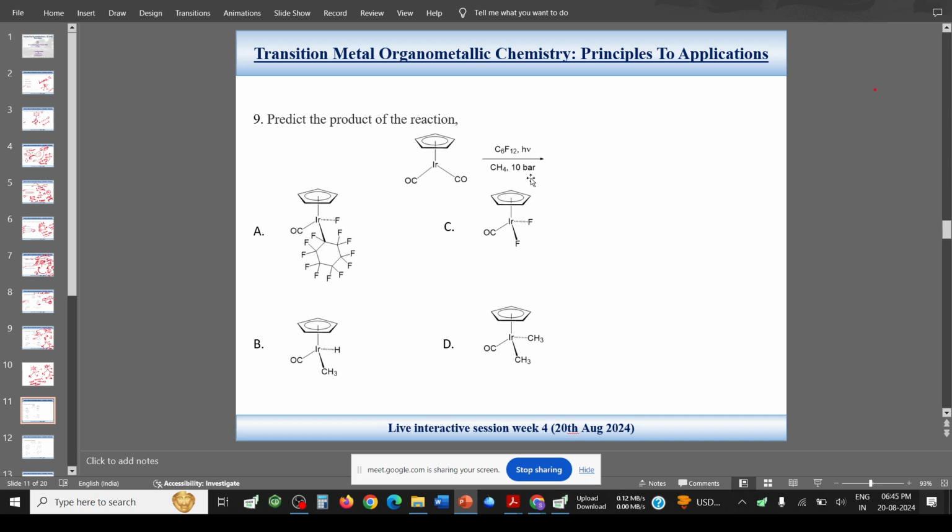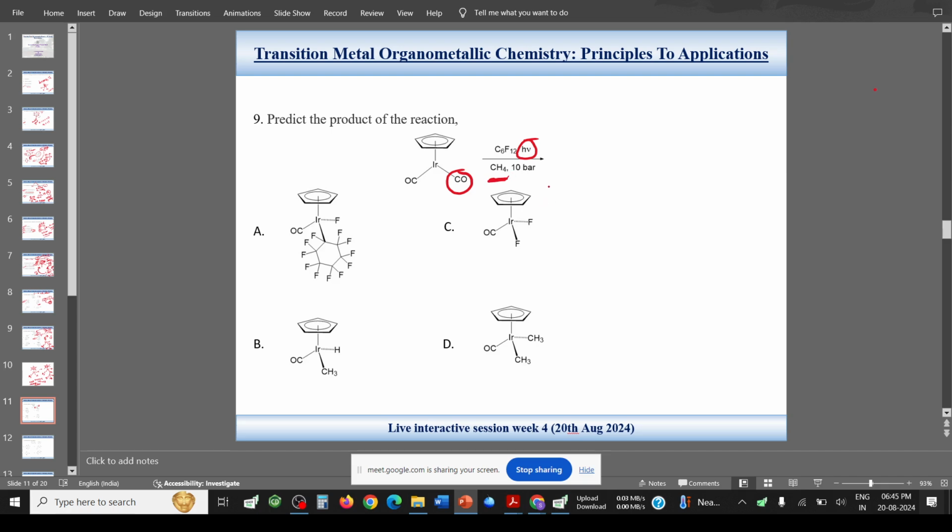So here you have again that h nu part, and we have CO, carbon monoxide, attached to the metal. We know that when hydride and CO are attached, it will remove the hydride as hydrogen and CO as carbon monoxide gas, and after that it can act as an active catalyst. We are adding methane, CH4.